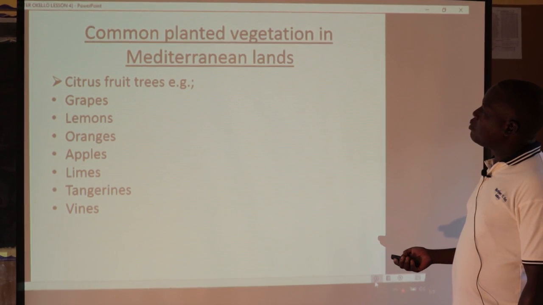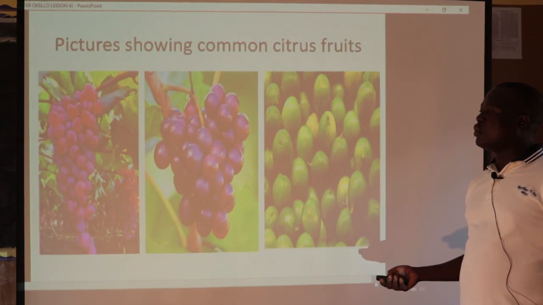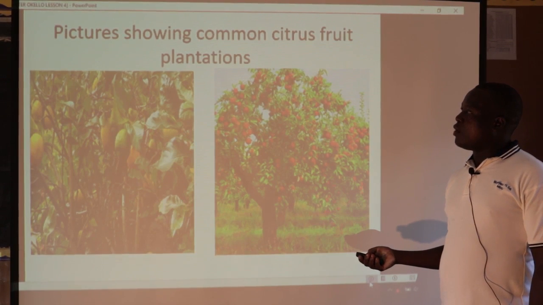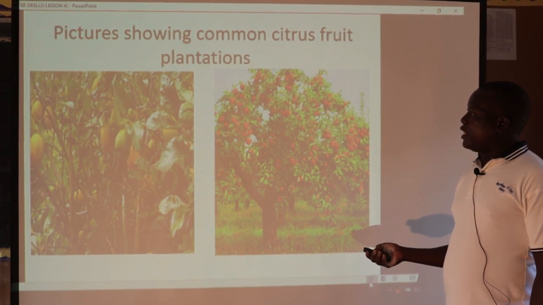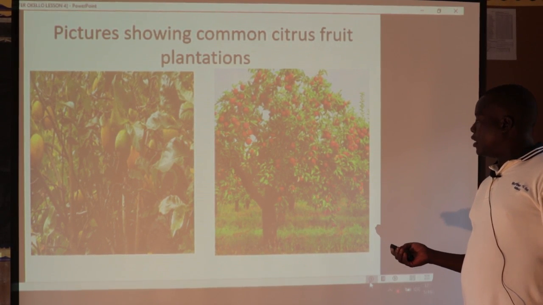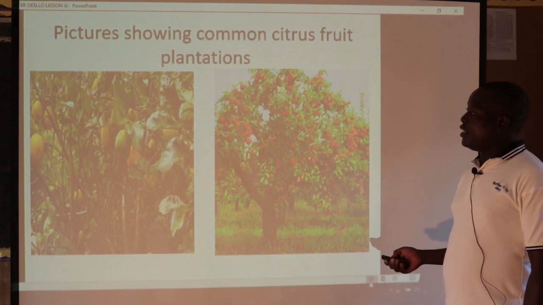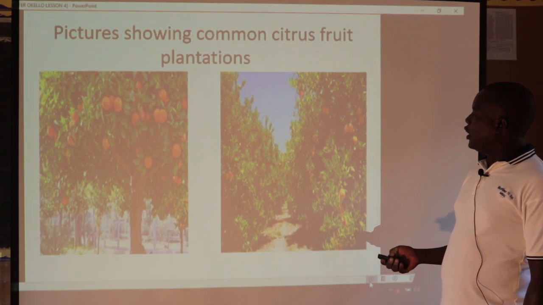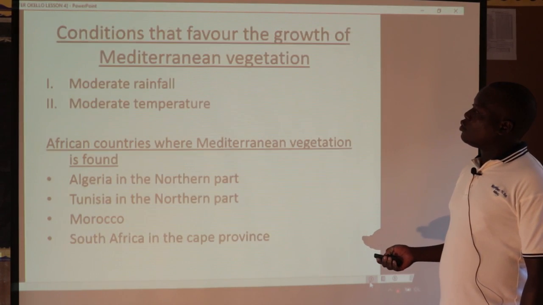We also have common plant vegetation, and we try to show you some of the diagrams there. You can go through them as you are watching clearly. I know most of you like the apples. They are also here, you see. We also have the plantations of the oranges here.